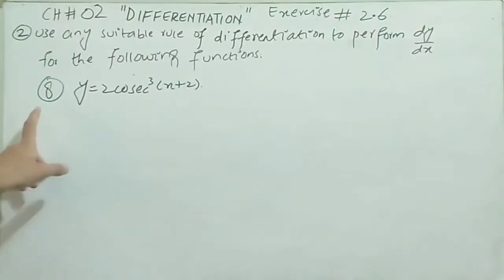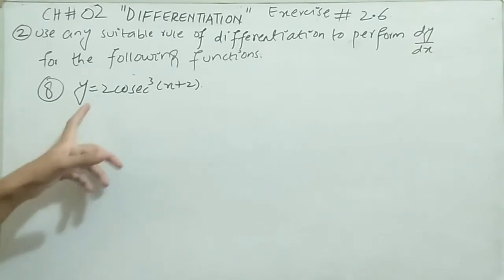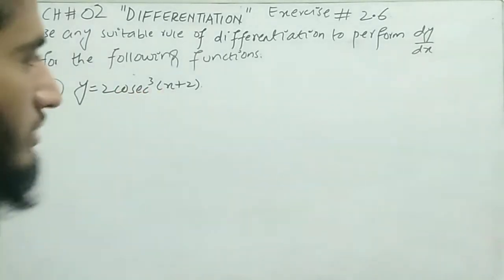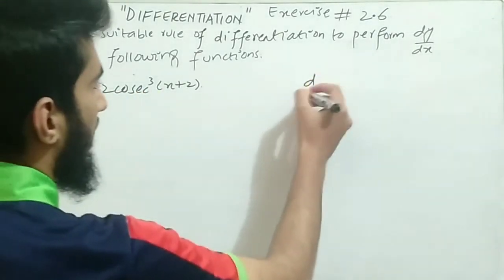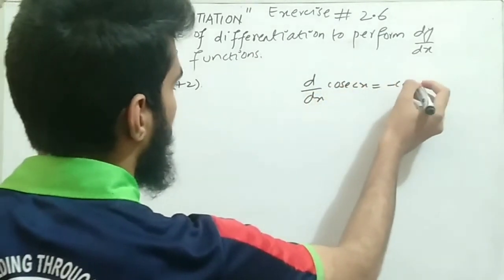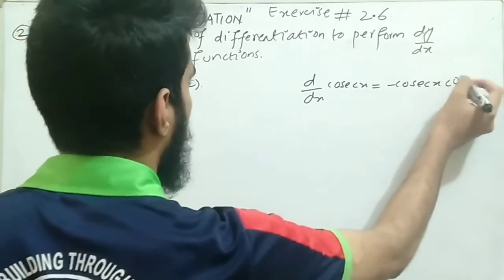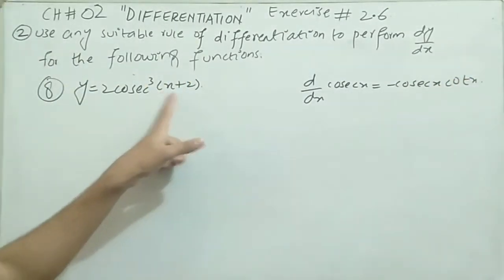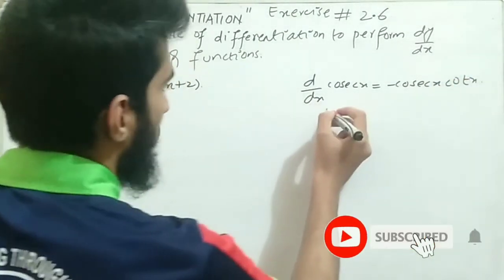Now move toward the next part. A function is given: y is equal to 2 into cosecant cube of x plus 2. You know that the derivative of cosecant x is equal to minus cosecant x and cotangent x. But over here the function is x plus 2, so we will put x plus 2 in the place of x.